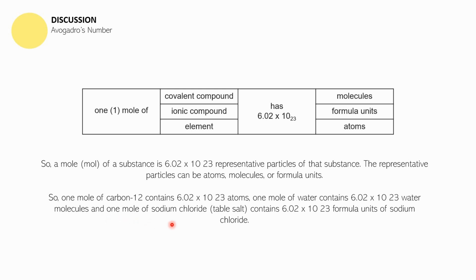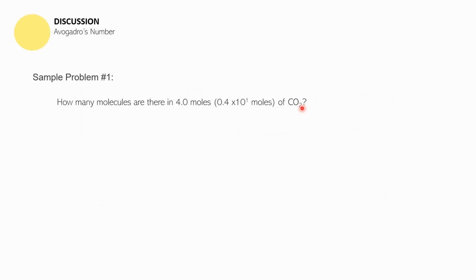And 1 mole of sodium chloride, which is an ionic compound, common table salt, contains 6.02 times 10 raised to the 23rd power formula units of sodium chloride because sodium chloride is an ionic compound. So, depending on what kind of compound you're referring to will be the kind of units you will be using. But the number will be the same. It's going to be 6.02 times 10 raised to the 23rd power. So, let's have the following sample problem.